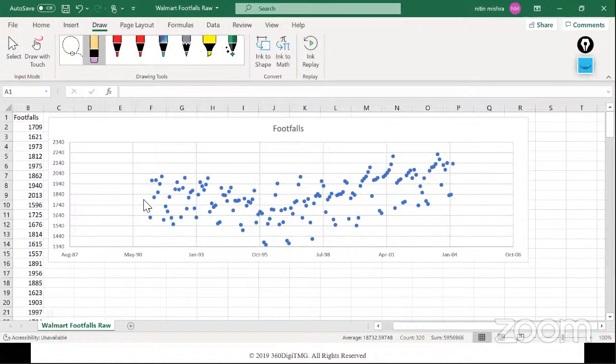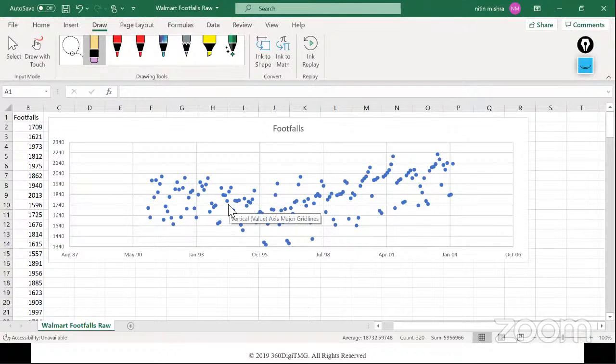Now what I can do is treat this first value as 1. I think Jan 91 or something. I can treat the second value as 2, the third value as 3, and so on. What will I get when I do that?